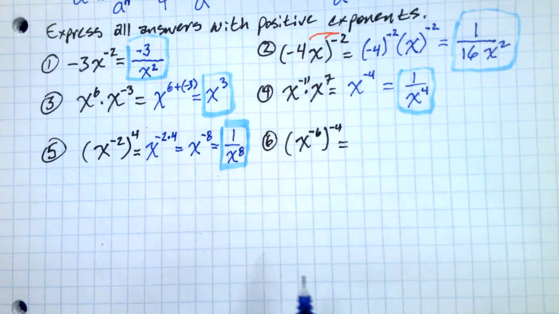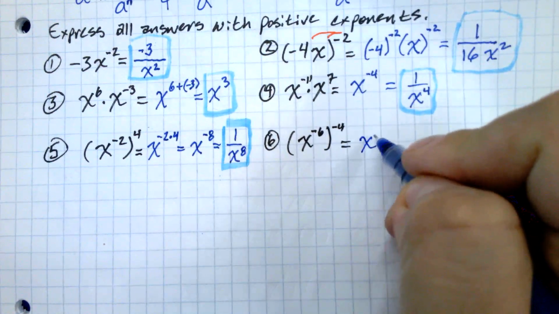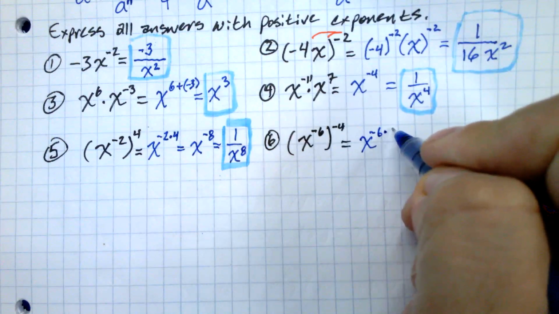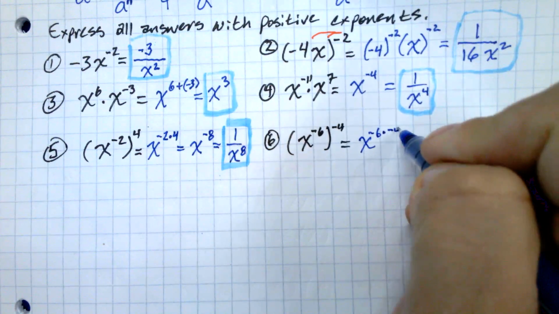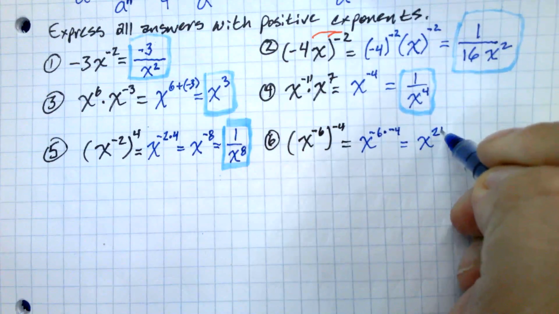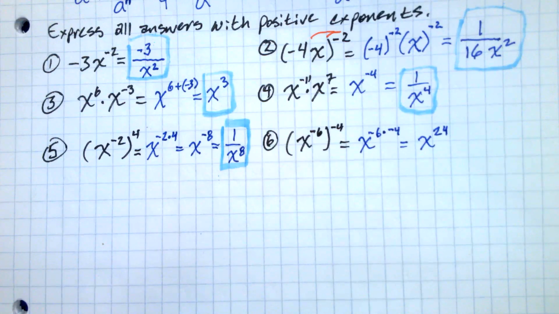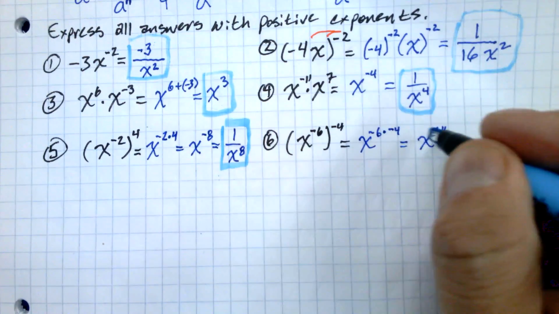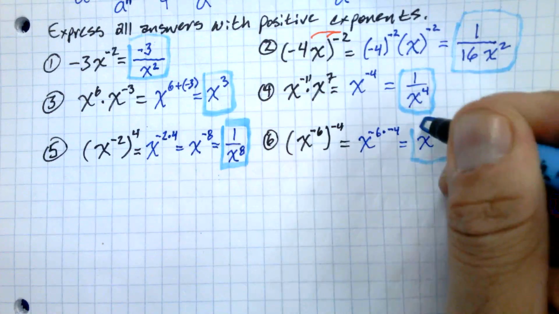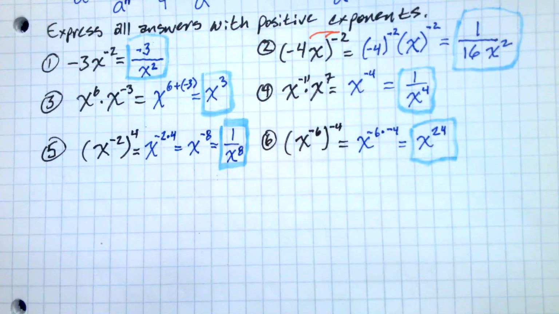Yeah, negative 6 times negative 4 is 24. And do we need to move that? Nope. Perfectly happy there. So that's just x to the 24th. All right. I have a few more.